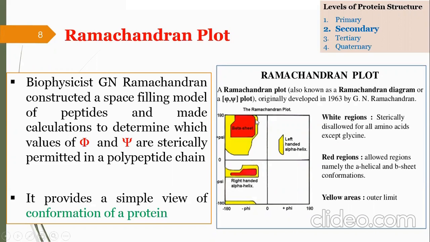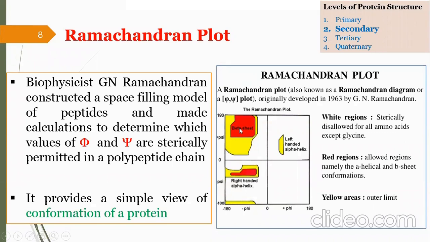This red region shows the amino acids that are in the allowed region, namely alpha helix and beta sheet conformations. This will be the beta sheets.